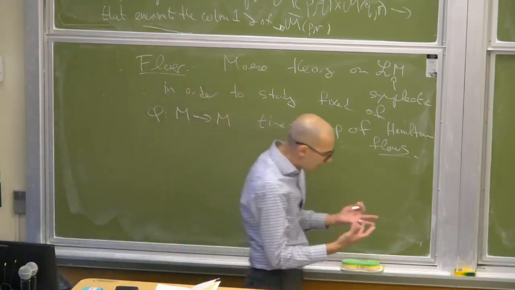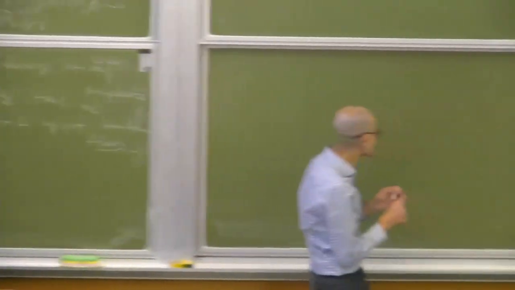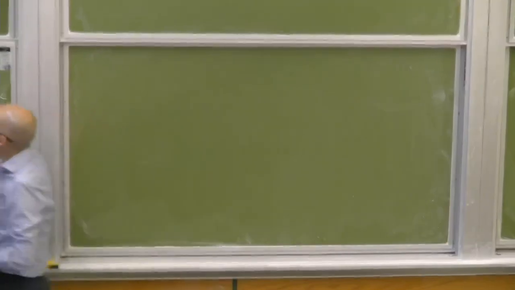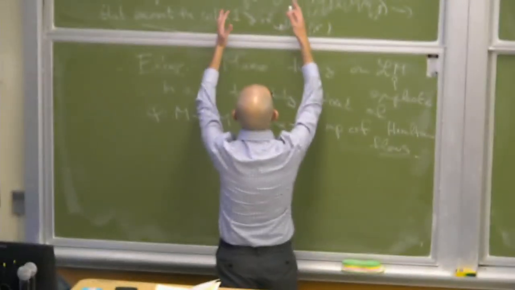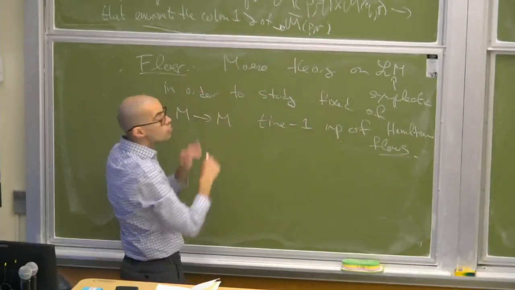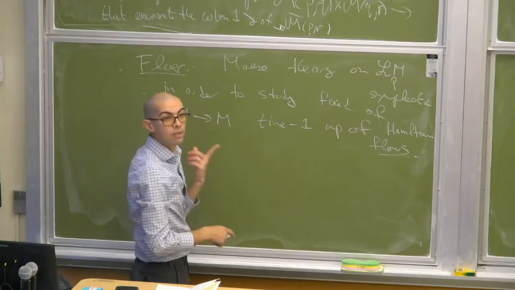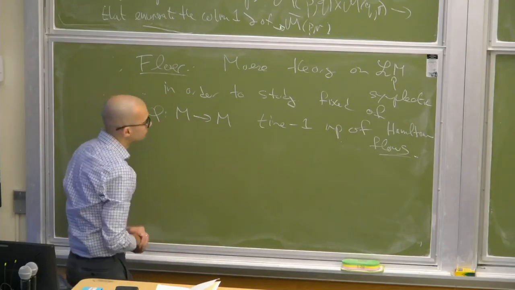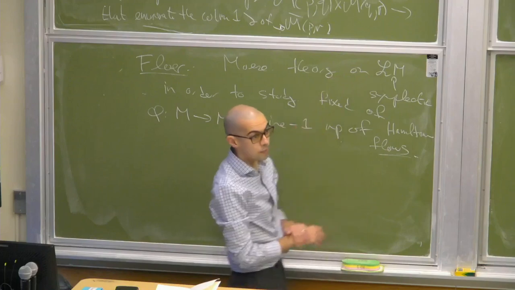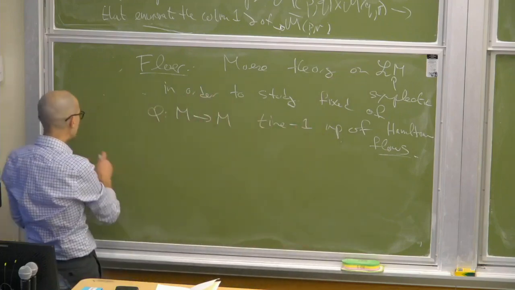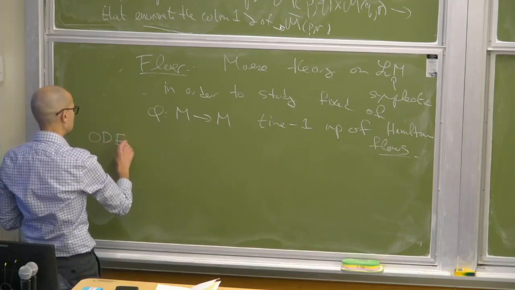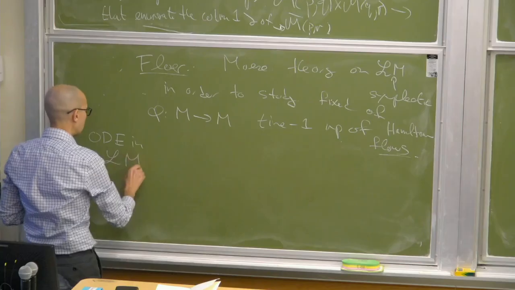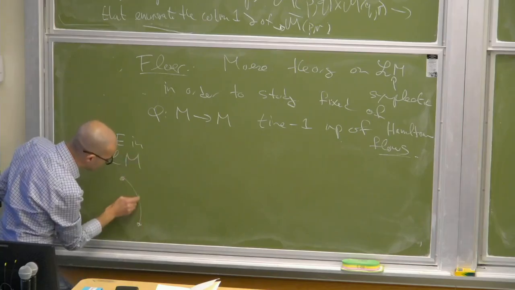So he worked out that formally it makes sense, but then when he tried to actually understand what the structure of the moduli spaces was, he realized that there's a problem. I'm going to just draw the problem. You're doing Morse theory on the free loop space, which means you're solving some ODE in the free loop space. There's some point, and you're going to look at some gradients.